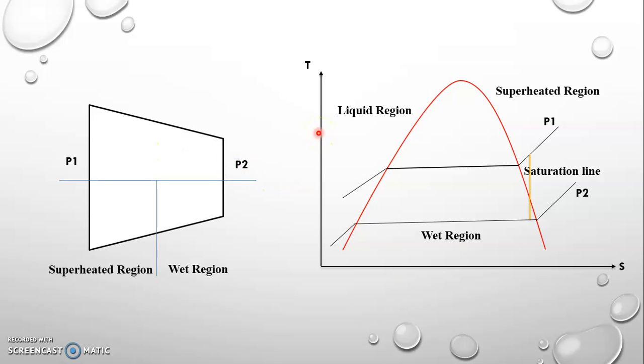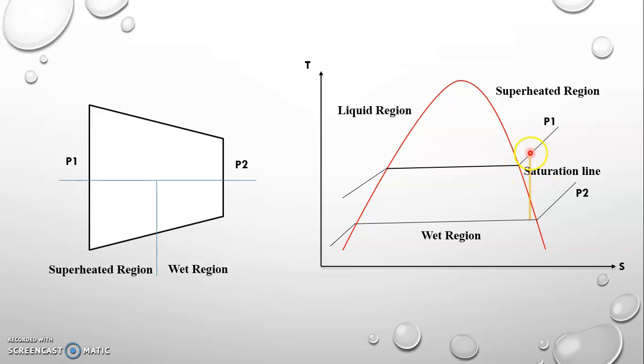From the temperature-entropy diagram, the TS diagram, the red line shows the saturation line. The constant pressure process is going on, with the liquid region on the left-hand side, the wet region in the middle, and the superheated region on the right-hand side.